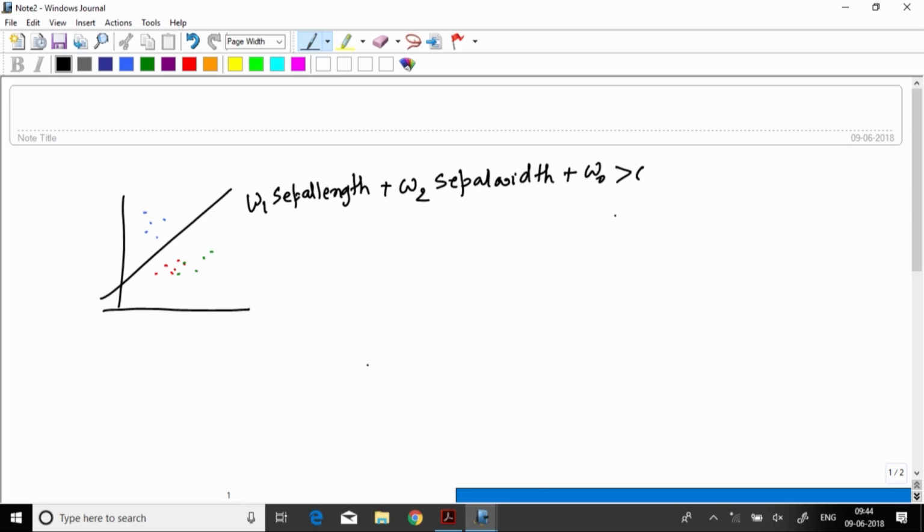If this is greater than 0, then we'll say it is a setosa. And if it is not, then it will be one of the other two classes.